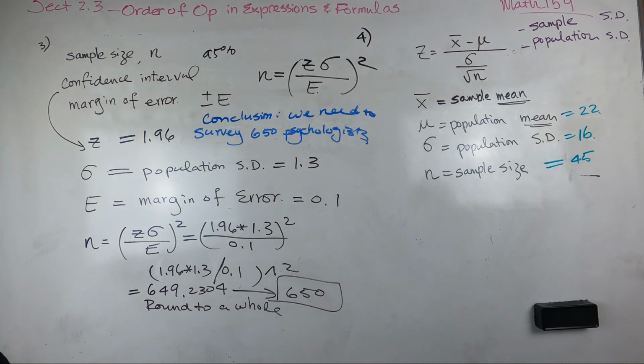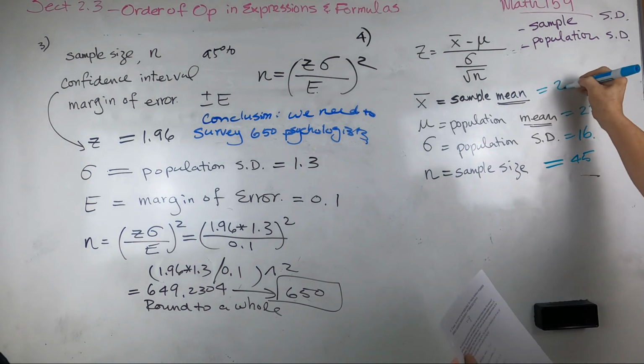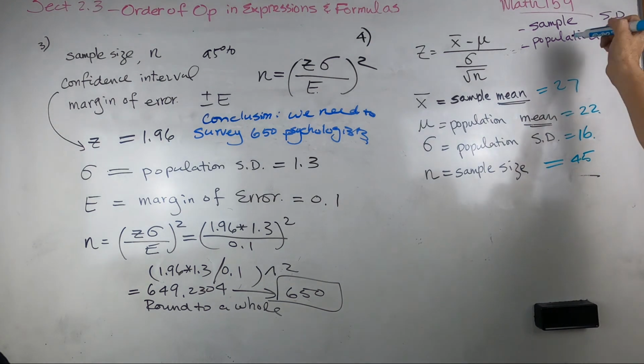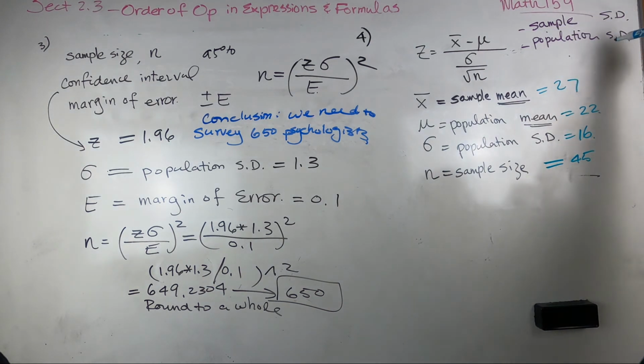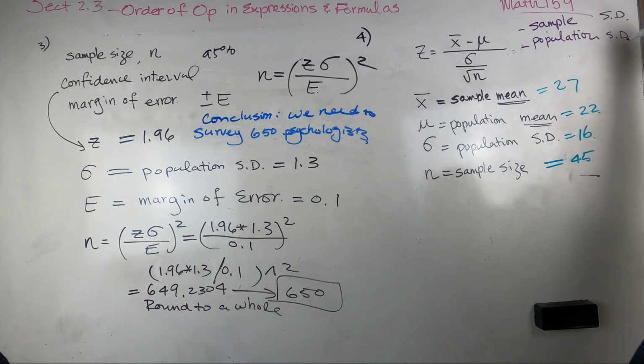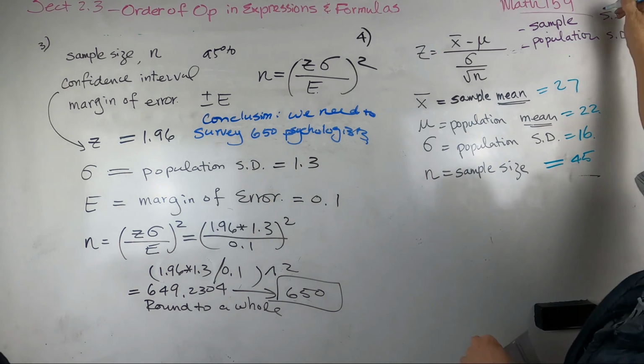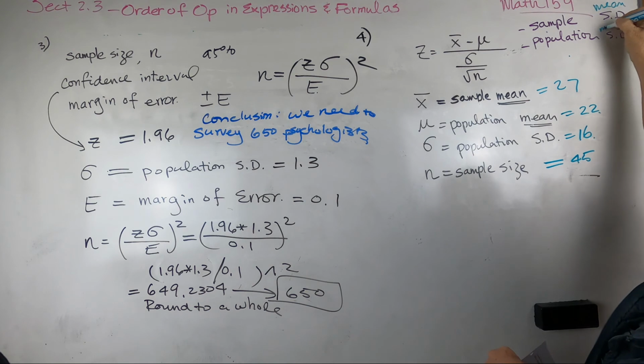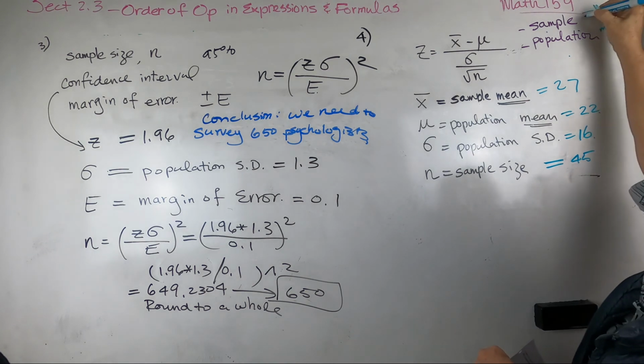Okay? Then the sample mean for her data was 27 meters. Here is the sample mean. Okay, so you have 2 types, sample and population. So you have sample standard deviation and population standard deviation. So you also have sample mean and population mean.